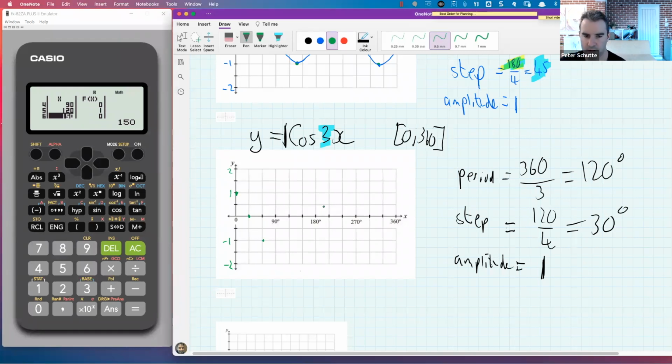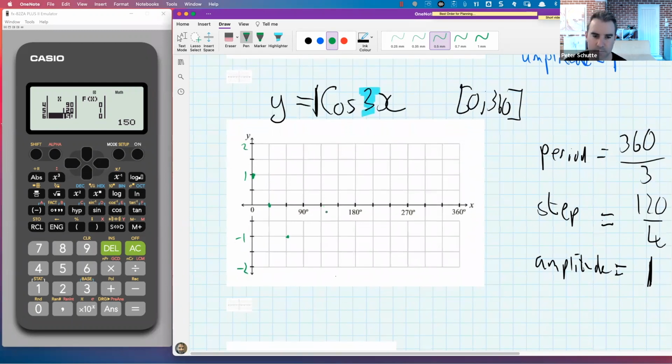Let me actually make this bigger so we can see. Let's see what we can do. Where were we? 152. There's a lot more points in this. But I'm seeing a bit of a pattern though.